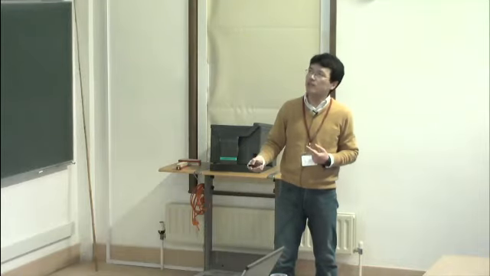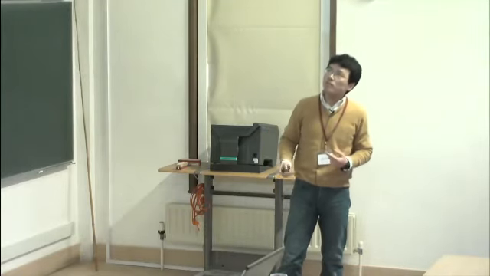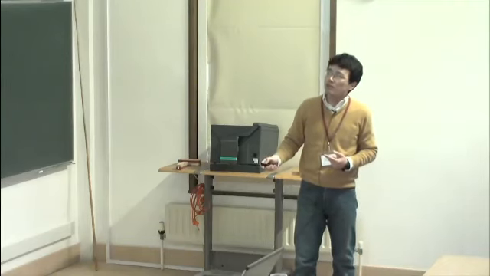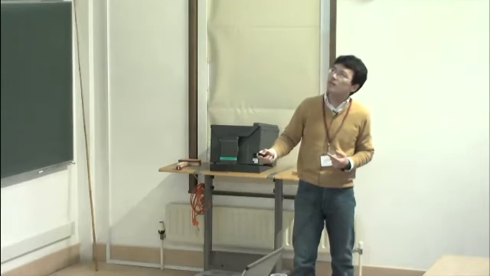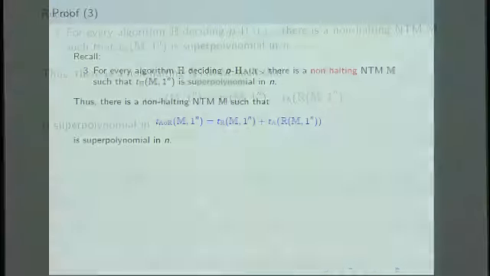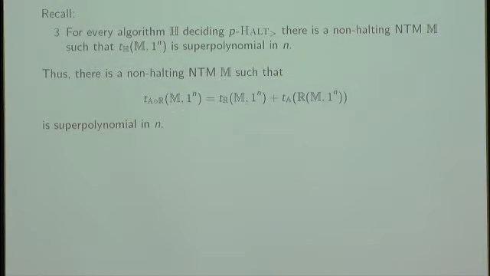By a simple calculation, you will see that the algorithm deciding TAUT together with this reduction gives you an algorithm deciding this problem on the instances M, 1^n, whose running time, the sum of the running time of your reduction and the running time of A on the instance produced by the reduction, is superpolynomial in n.